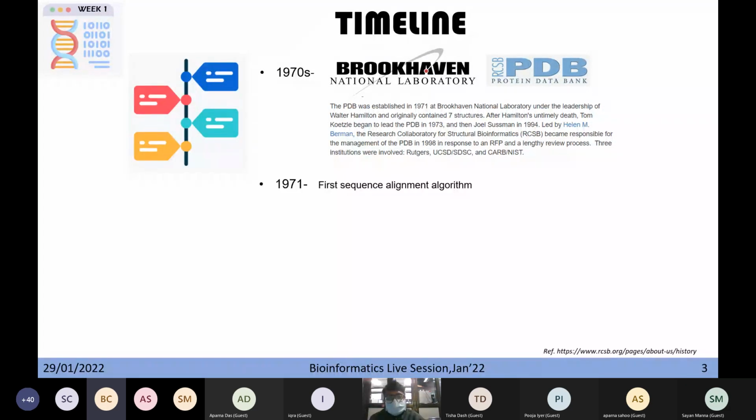In 1971 came the first sequence alignment algorithm. We cannot interpret anything from a single DNA or protein sequence, but if we can align them, we can identify the similarities, the dissimilarities, the evolutionary trees, and the conservation of sequences, domains, and motifs.